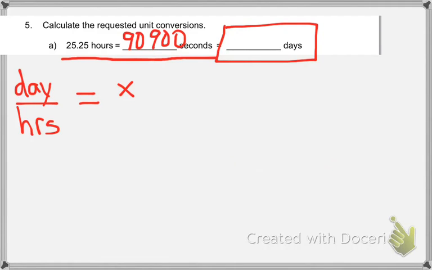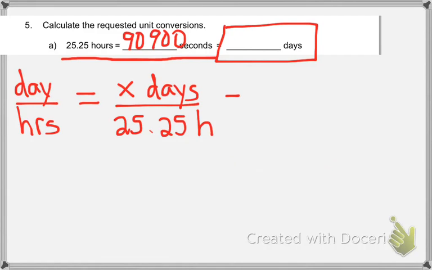So x days is equal to 90,900. Oh, that's seconds. That's wrong. X days is equal to 25.25 hours, and our ratio rule was 1 day is equal to 24 hours.